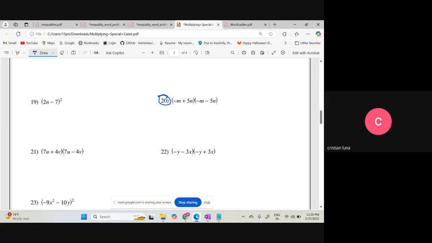And five n equals, let's see, negative 10. So that will be m.